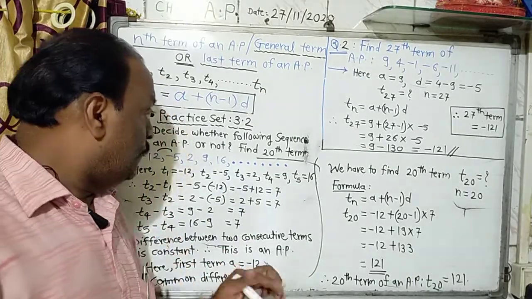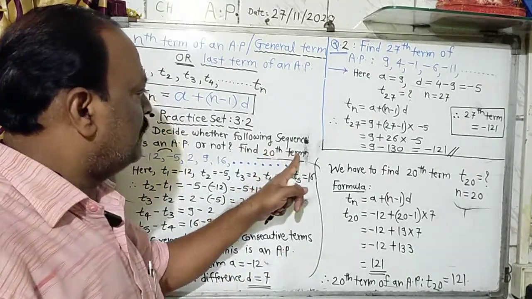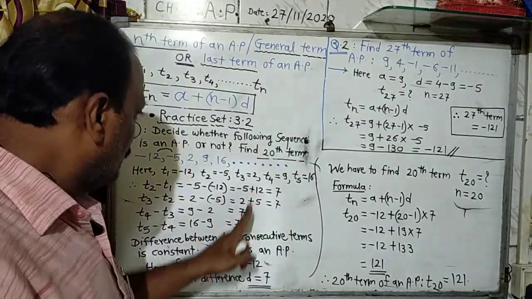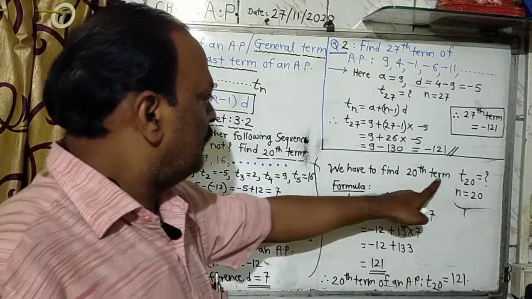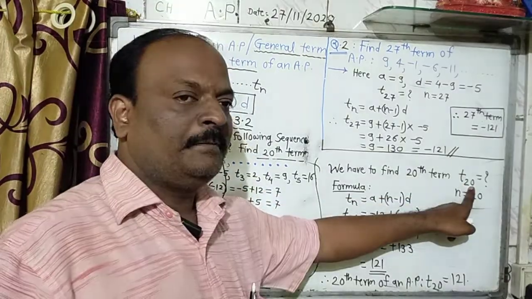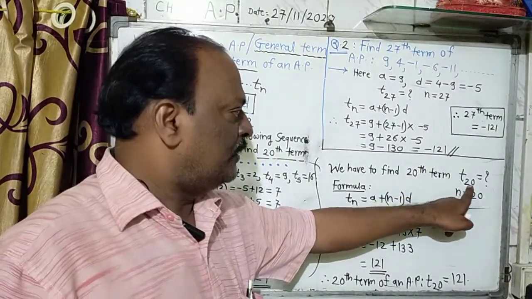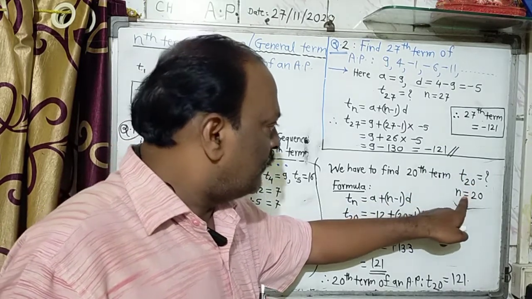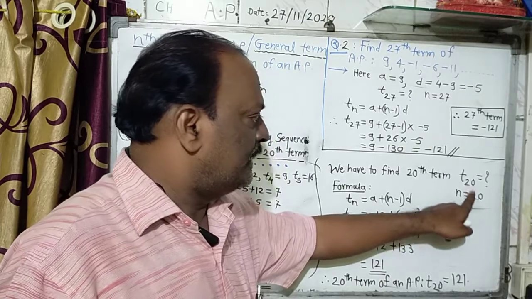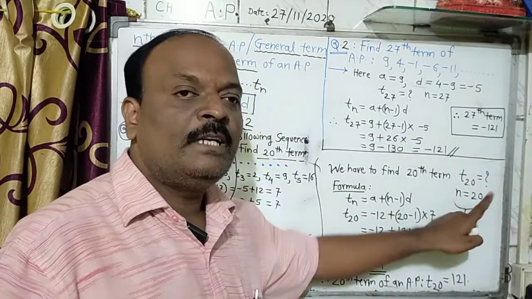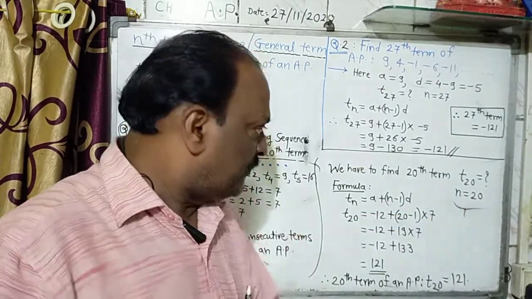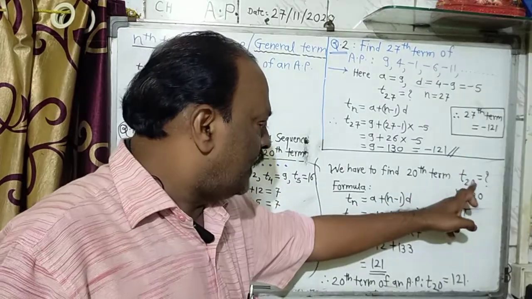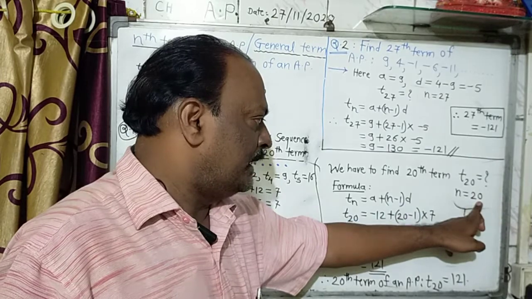Now, you have to find the 20th term. The 20th term means you have to find T20, T for term 20. The 20th term means the value of n is 20. Therefore the value of n is 20.